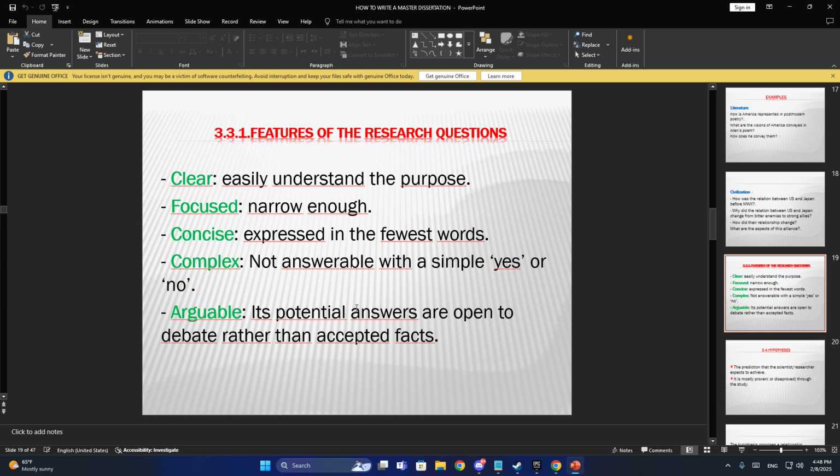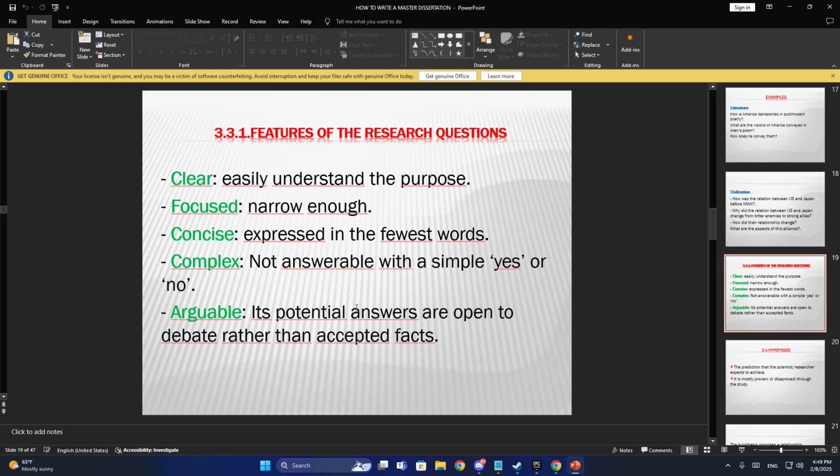So here, how should my questions be? We can say that they should be clear, easy to understand the purpose, as I have shown. They are focused, targeted to the point, narrow enough, concise, expressed in the fewest words.